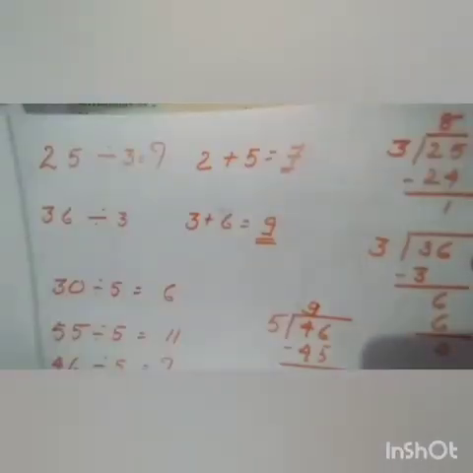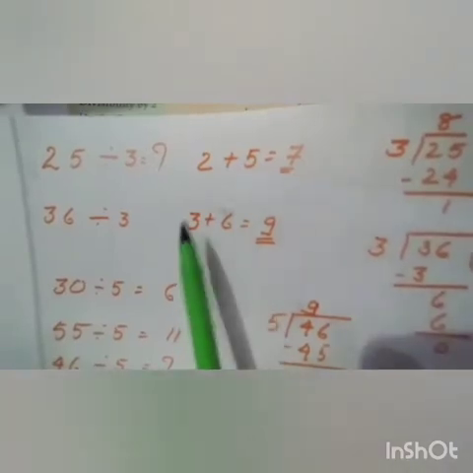One example is given here: 25 divided by 3. You know the table: 3 8s are 24, 3 9s are 27. So 25 is not in the table.